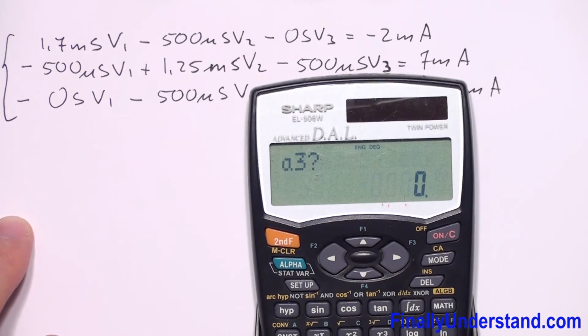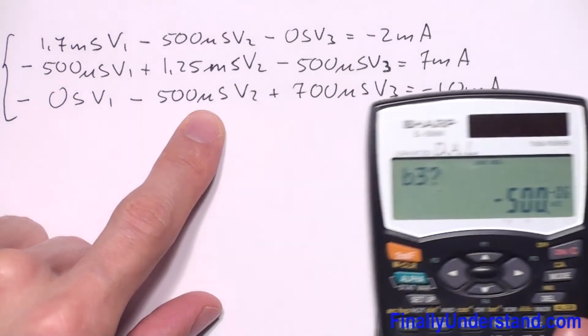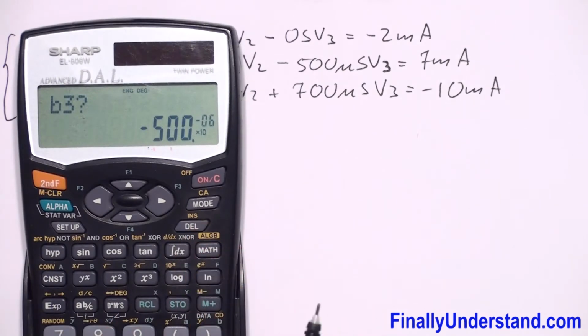Next I have 0, and I have 500 exponent negative 6 negative over here, and I have positive 700 exponent negative 6, and I have 10 exponent negative 3 negative, and I got the answers.